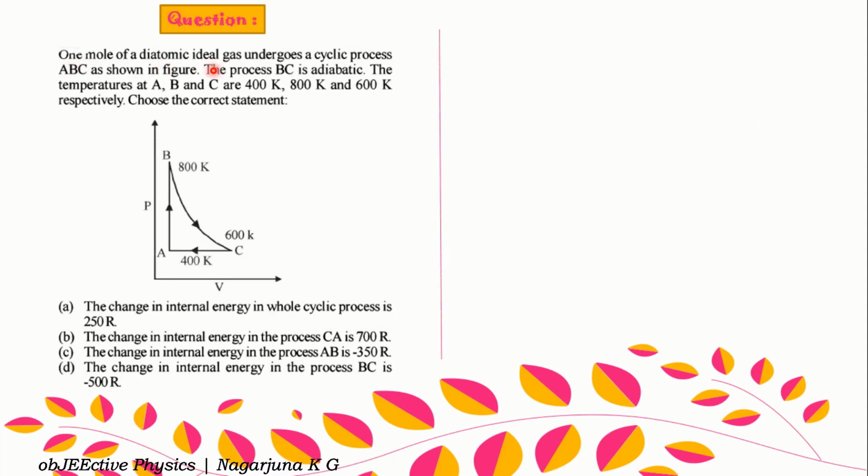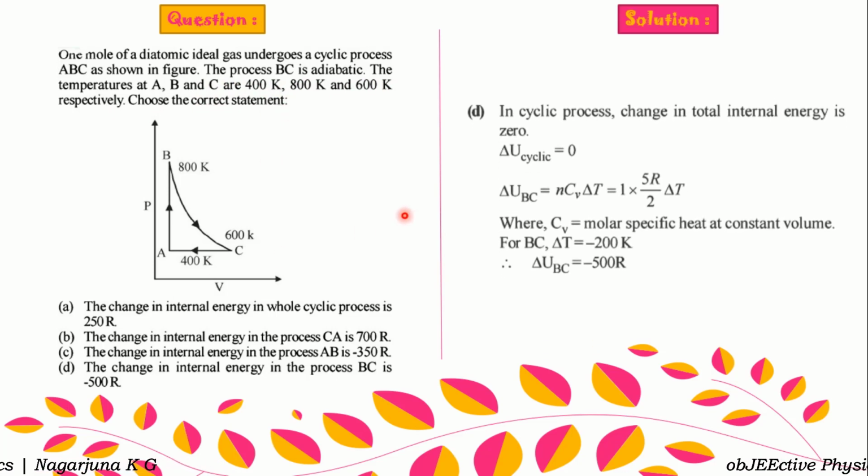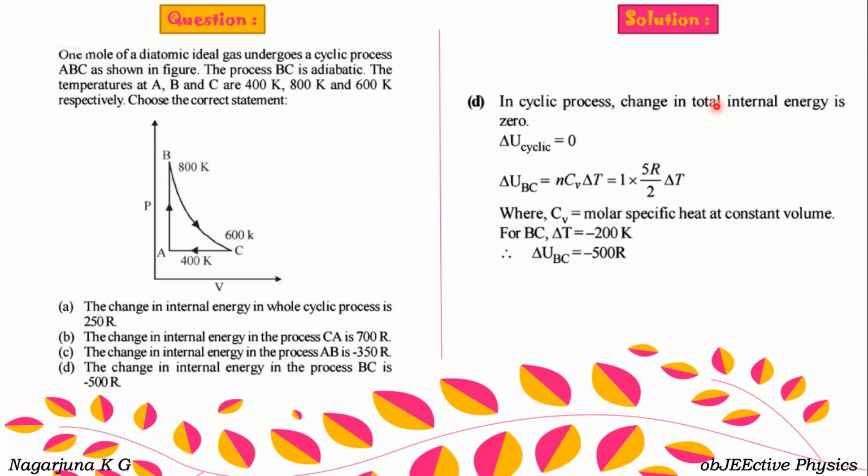1 mole of a diatomic ideal gas undergoes a cyclic process ABC as shown in the figure. The process BC is adiabatic. The temperatures at A, B, C are 400 kelvins, 800 kelvins and 600 kelvins respectively. Choose the correct statement. Solution. In a cyclic process, the change in total internal energy is 0. Therefore, delta U for the complete cycle is equal to 0.